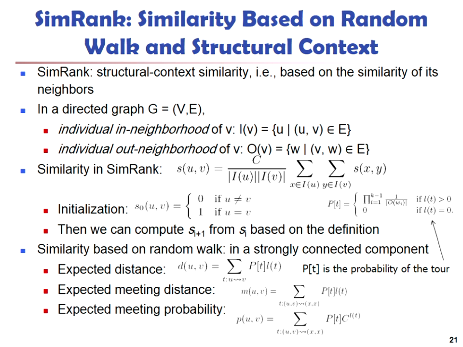For you, just keep in mind that SimRank is the abbreviation of similarity based on random walk, and we can calculate this similarity by considering the individual in and individual out neighborhood.